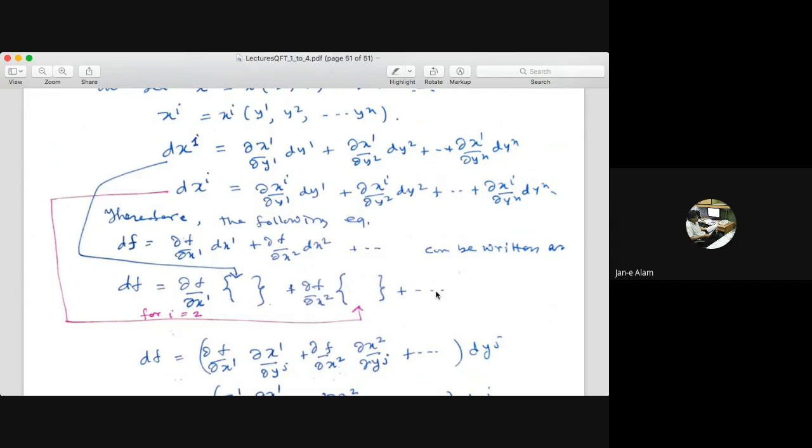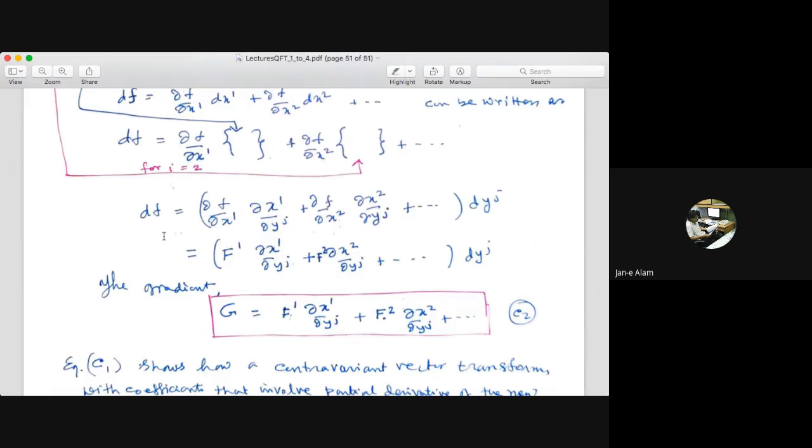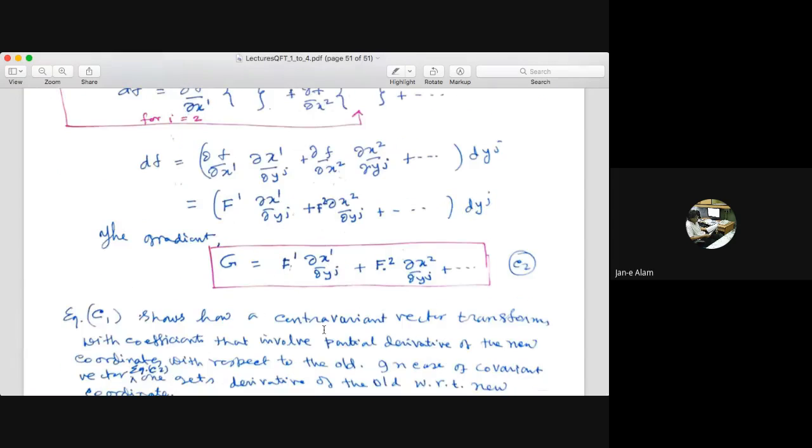You put that there, and then you get df in terms of the new coordinates, with dy1 and so on. Now the components of the gradient: ∂f/∂x1 is nothing but the derivative of f with respect to its old coordinate, and then this is written in terms of the new ones. So this will be the gradient in the new coordinates.